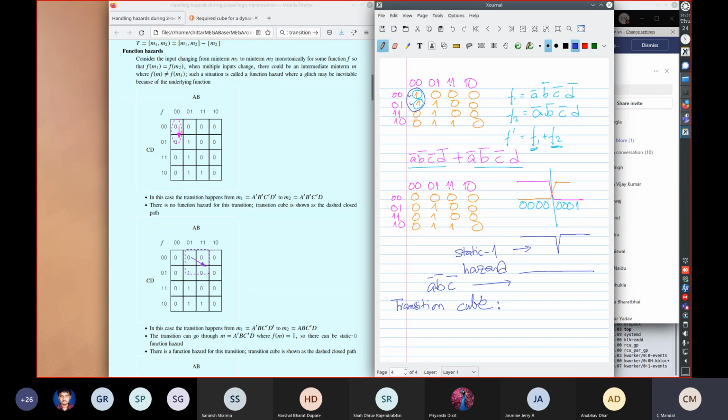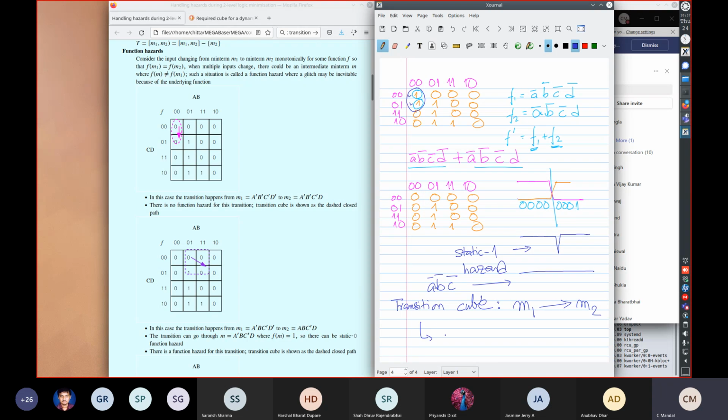Transition cube, this is the cube. So this is your input changing from min term M1 to M2.